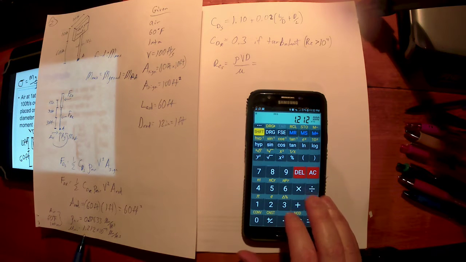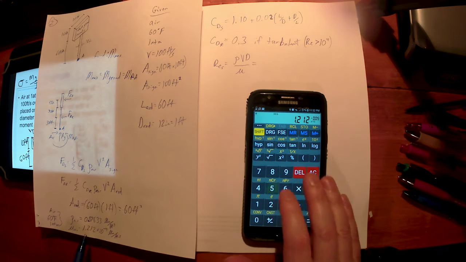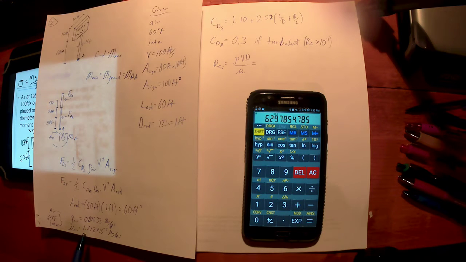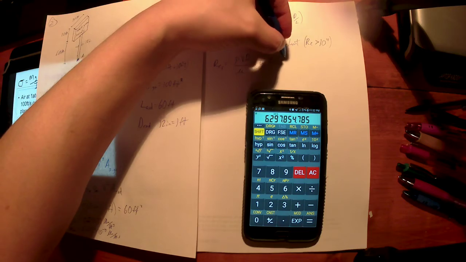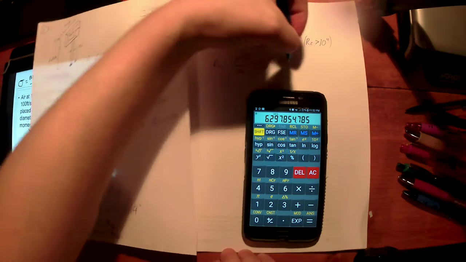That is so small. So about 6.3 million is our Reynolds number, about 6.3 times 10 to the 6. We're good there. This one's turbulent.